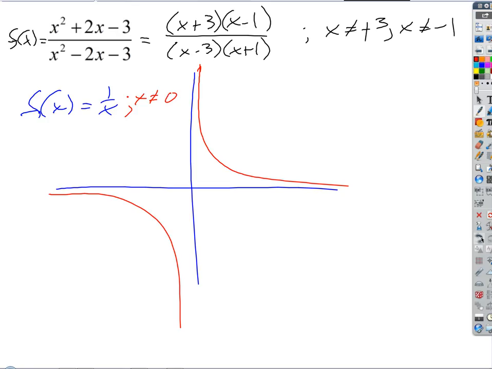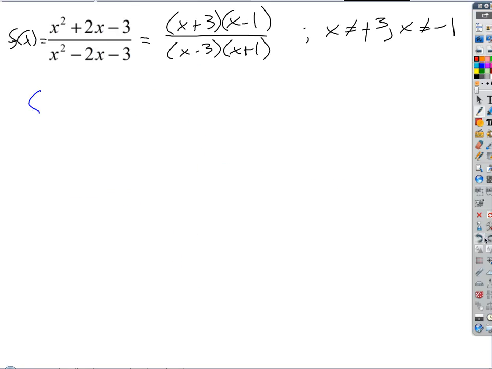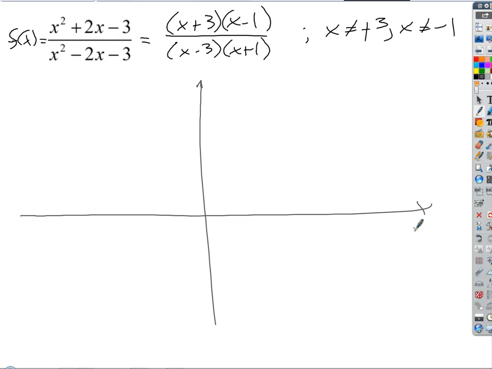So then when we graph this, we've got these places at positive 3 and negative 1 where the function's not defined. And I want to be just a little bit careful with this.